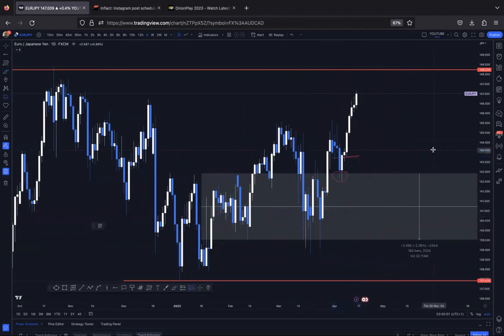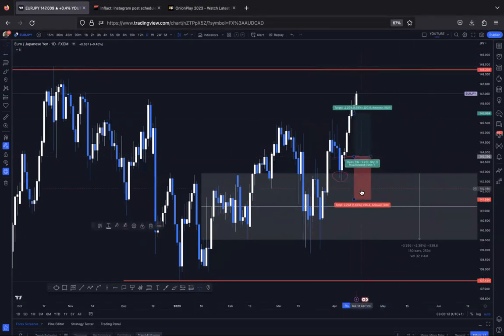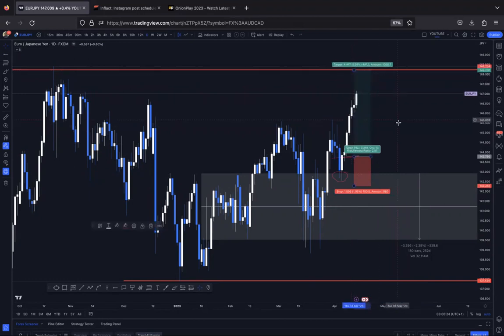So we could go here, take our trade at the close of this level, right? Stop loss below that wick. And then we go for the TP.